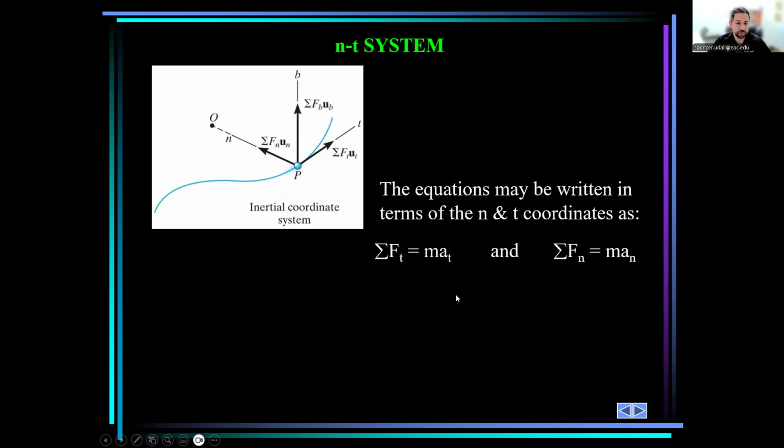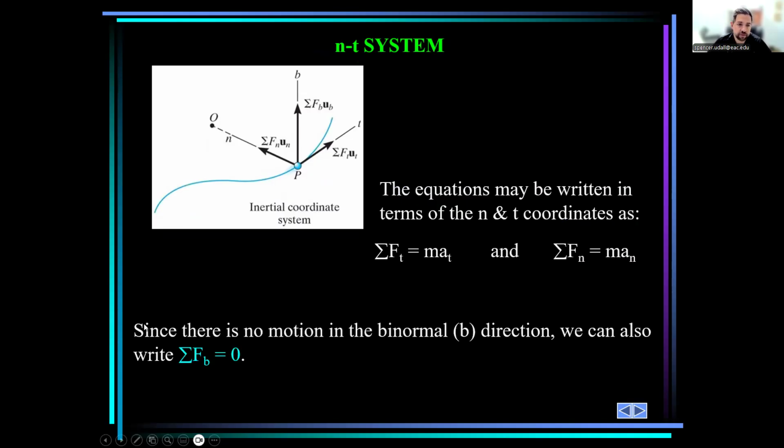And that's where we'll be going with it. And since we're following that particle as it goes around a curve wherever it goes, that's going to make the axis that's perpendicular to both of those always be non-accelerating. It's not going to be accelerating in the binormal direction. And so that's always going to end up just being zero.